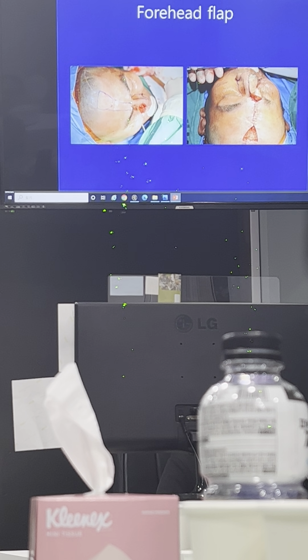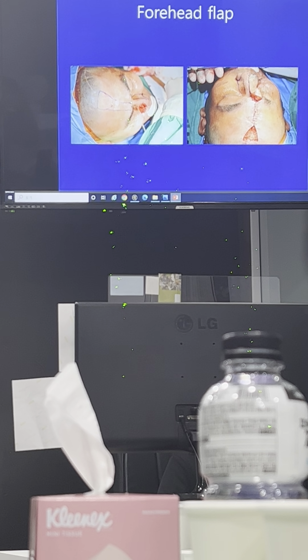This is the supratrochlear artery here. Do you use Doppler before to know it? No, we don't need Doppler. Just here is the supratrochlear artery. The width is around 1.5 centimeters. This is the starting point of the brow.